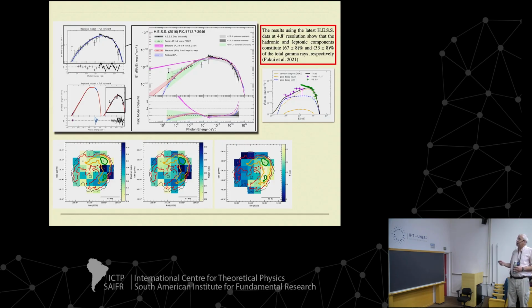And 33 plus or minus 8% seems to come from leptonic, inverse Compton interactions. So the final fit is quite complex, and you need to do it piece by piece; you cannot fit the entire source with a single population of particles. So this example shows how difficult it sometimes is to understand the data we are obtaining here on Earth, because there are many, many different components in a very complex environment that are contributing to what we see.